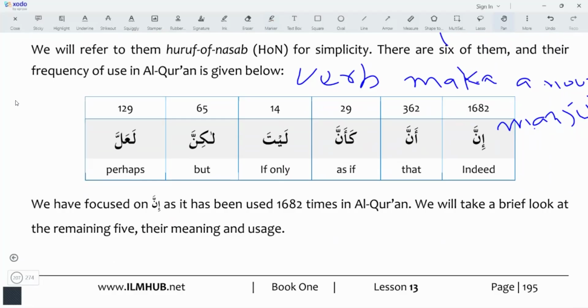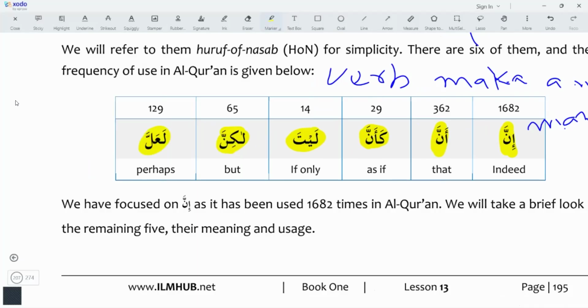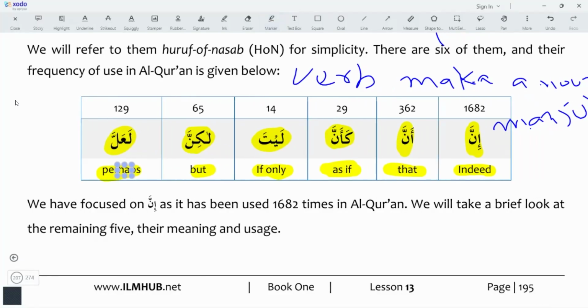There are a total of 6 huruf: inna, anna, ka'anna, laita, lakinna, and la'alla. Inna means indeed, anna means that, ka'anna means as if, laita means if only, lakinna means but, la'alla means perhaps.